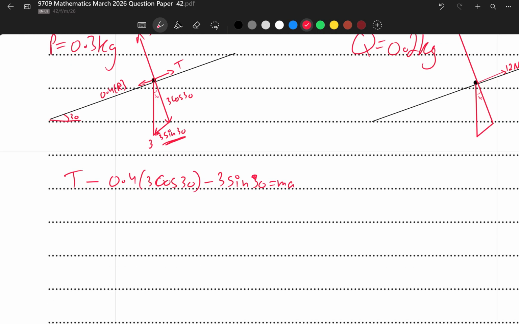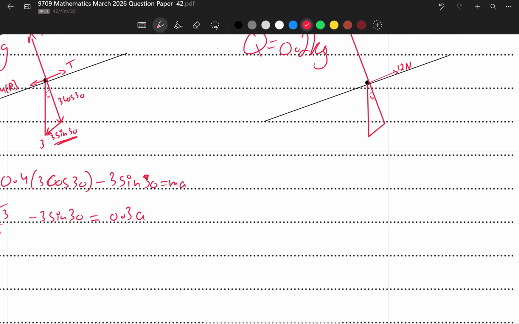Now from here we'll get an equation which is T minus 3 whole root 3 divided by 5, minus 3 sin 30, which is equal to 0.3a, which is the mass times acceleration.